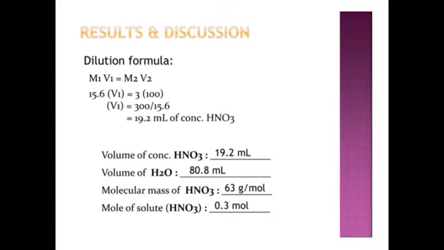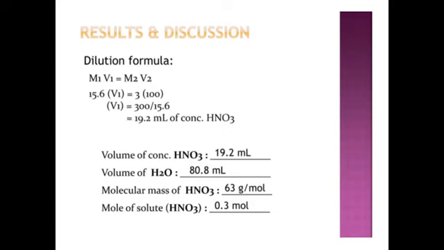That's the volume of conc HNO3 that we want to use. So the volume of conc HNO3 is 90.2 mL or 90.2 centimeter cube.